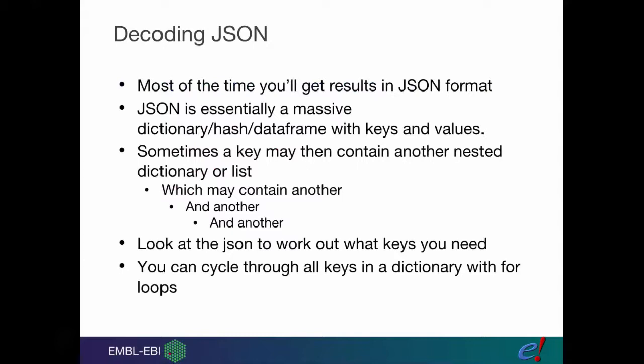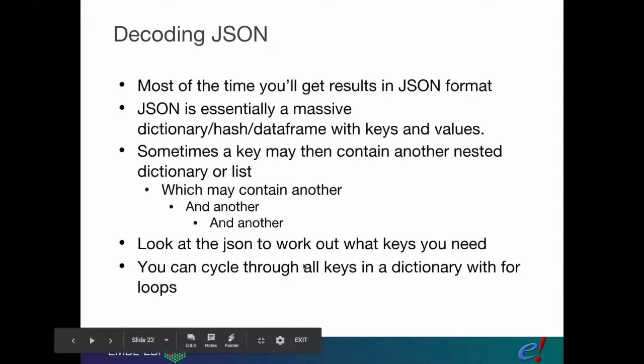Sometimes it may then contain another nested dictionary or list, which contains another one, which contains another one. So you can pull stuff out because it is a dictionary. You can say, right, I want this item, but sometimes to get the thing you want, you have to go 3 steps into your dictionary to get it.